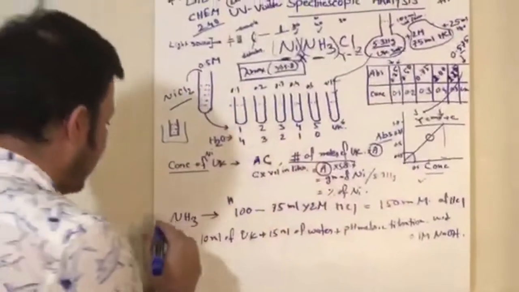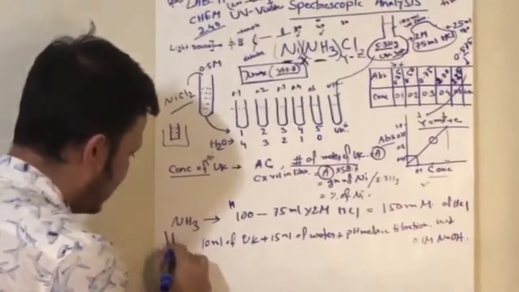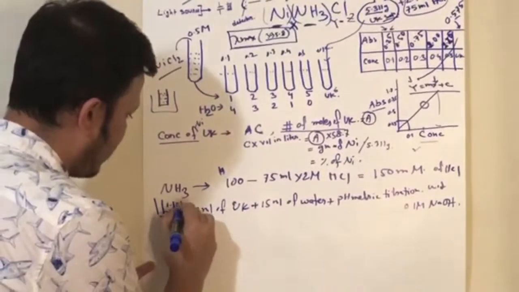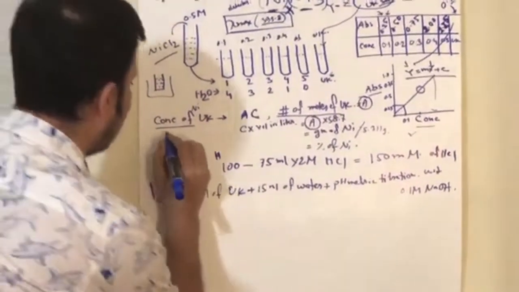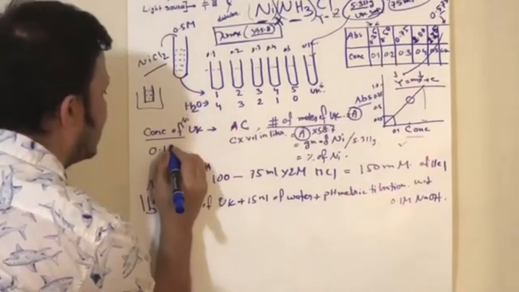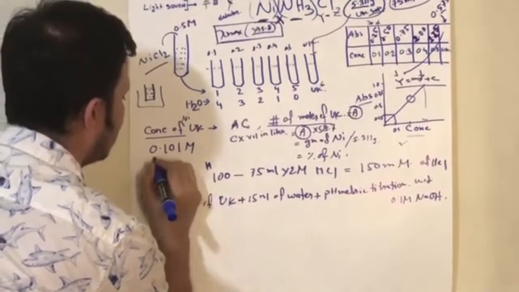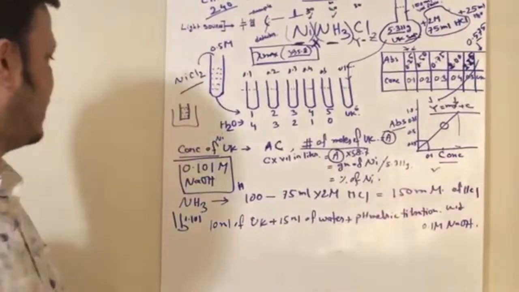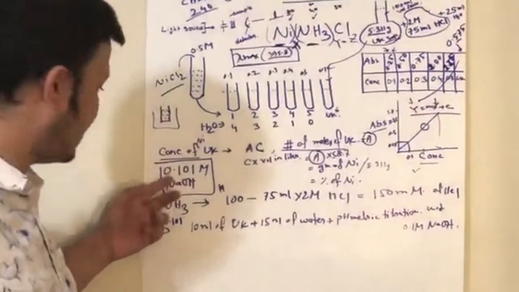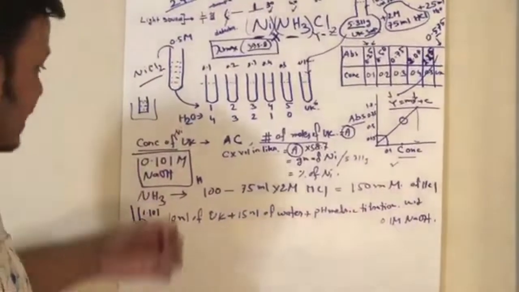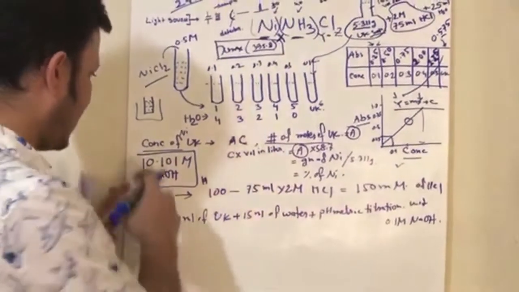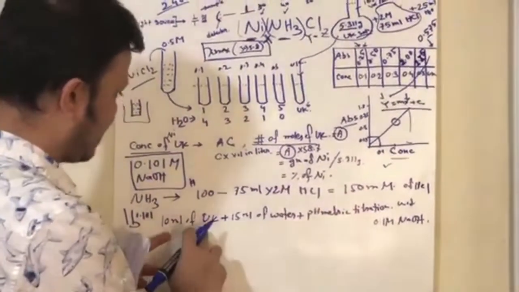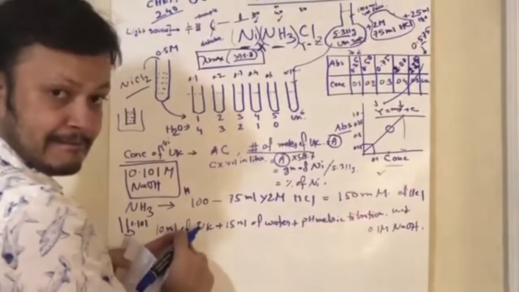In your drawer you are supposed to have 0.101 molar. I am giving you the concentration, 0.101 molar sodium hydroxide. You put it in the burette, and then you are going to titrate with the 10 ml from here.